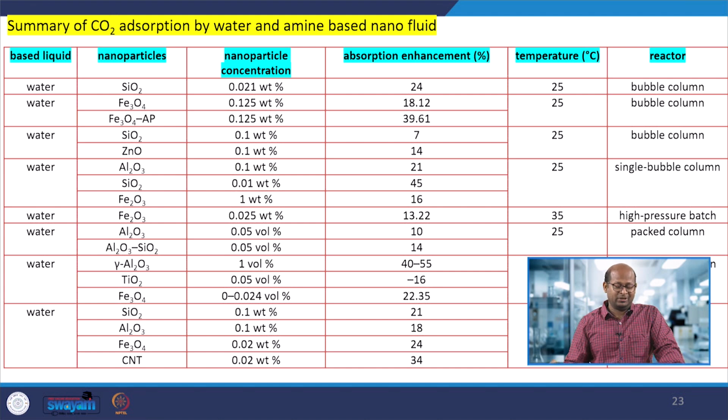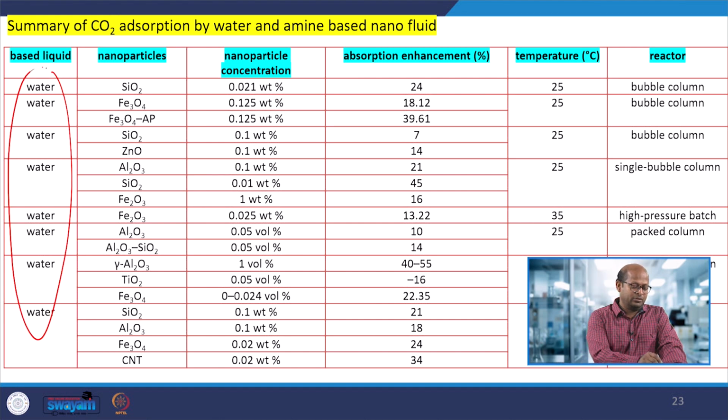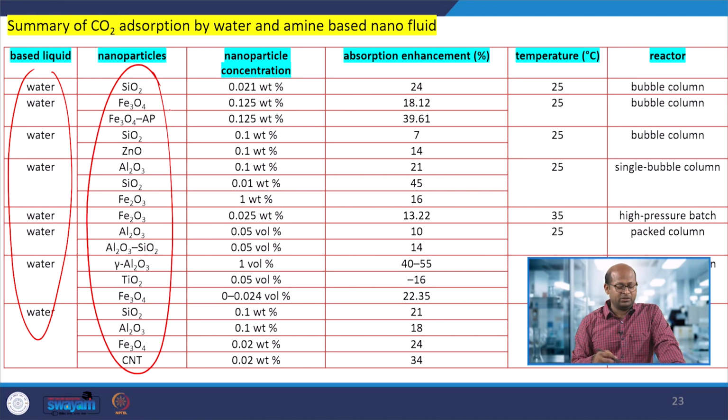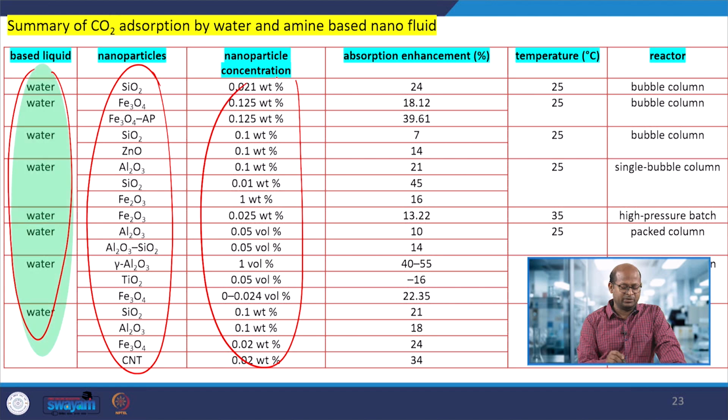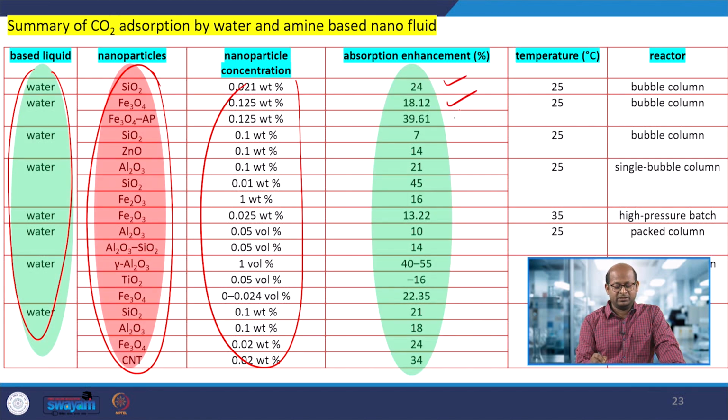Depending on that, CO2 gets adsorbed in different ways, and the adsorption enhancements also vary. Here you can see the base fluids and different types of nanomaterials or nanoparticles that are used, at different concentrations, and the percentage enhancements are also different.